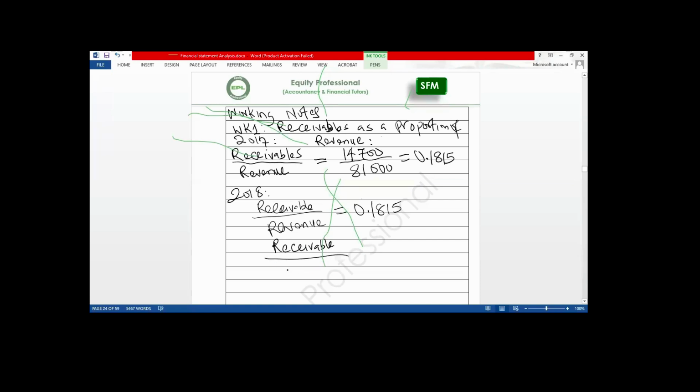Revenue for 2018, we have forecast that 89,100 is equal to 0.1815. You can derive receivables for 2018.